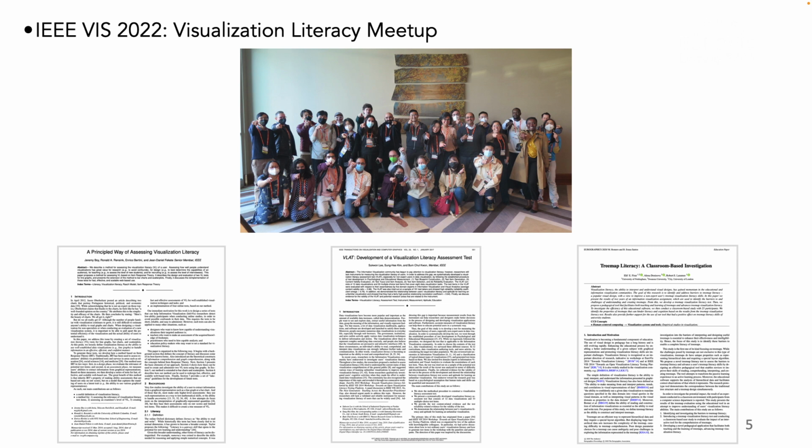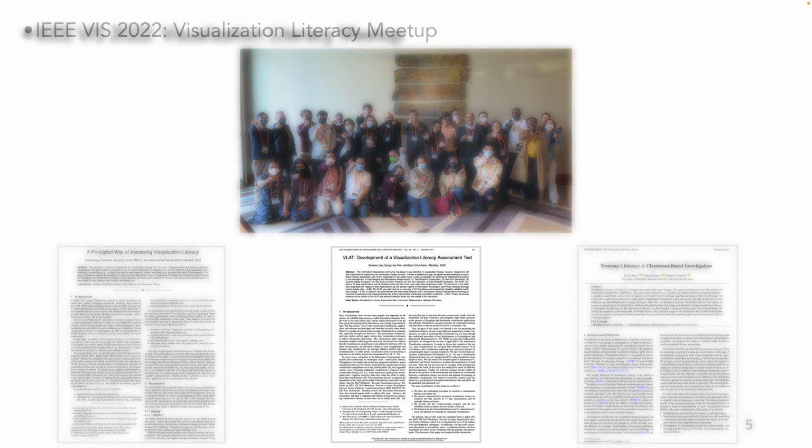One key point that emerged was the need for a short yet reliable test that could be used on a wider scale to assess the general population's ability to read and interpret visualization. To address this need, we focused on the most commonly used test for measuring visualization literacy in the InfoVis field, called VLAT.